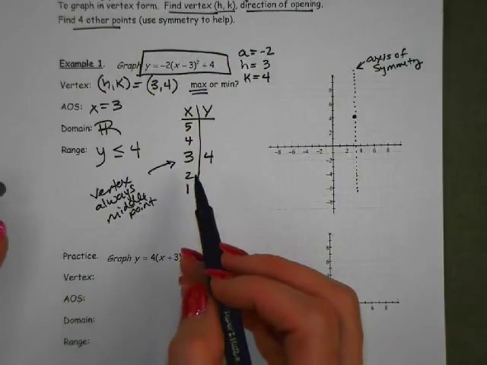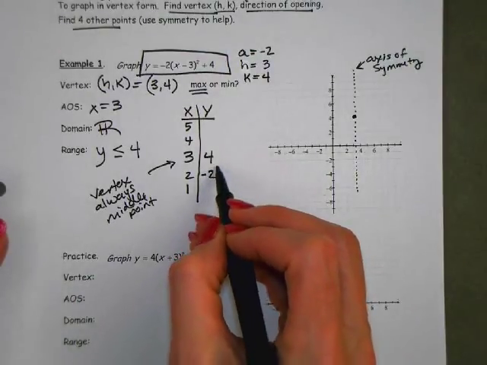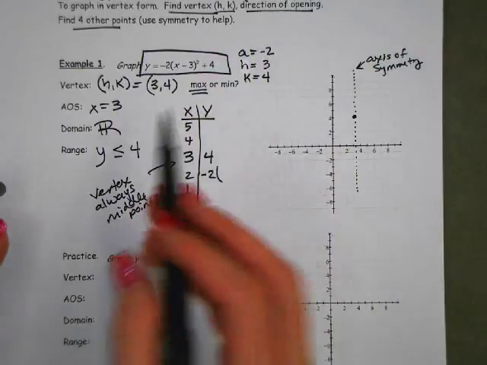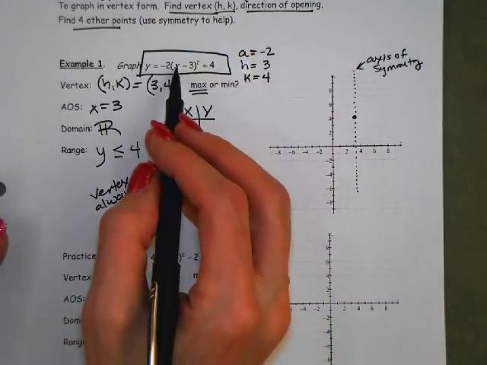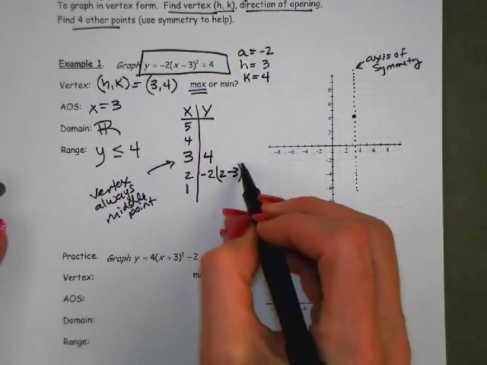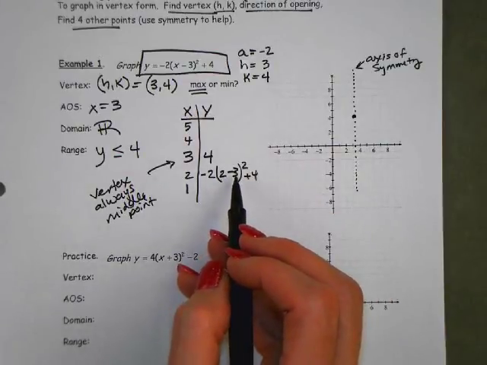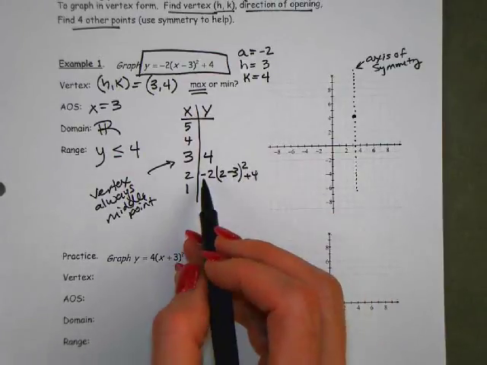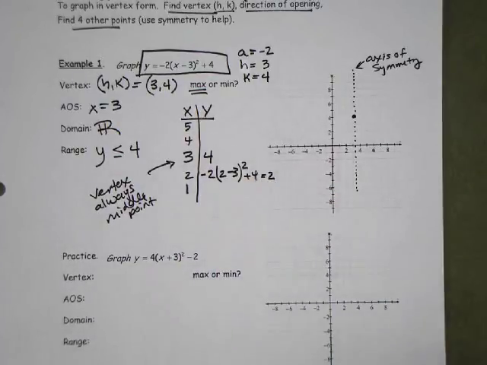If I put in, let's say, -2, I'll have 2 minus 3. So all I do is take this value and plug it in for x and solve. So I have 2 minus 3 is -1 squared, which is 1, times -2 is -2, plus 4, that's going to be a positive 2.